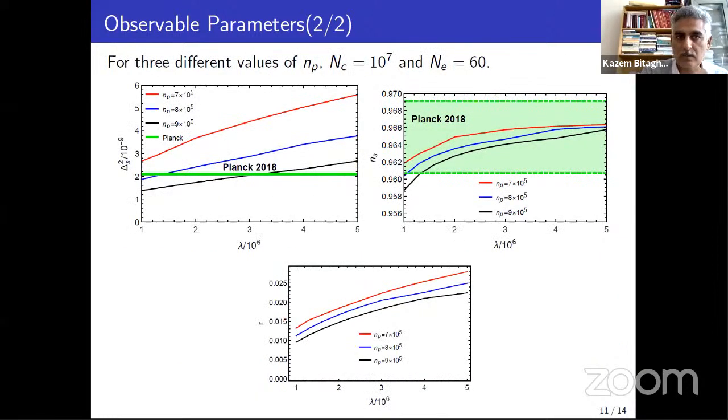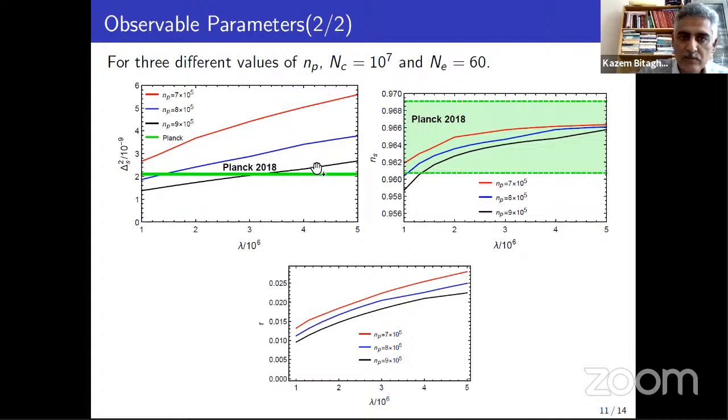Okay, now we go to the parameter space of the model, and for 3 different values of N_P, fixing the number of colors to be 10 to the power 7 and 60 e-folds, we check how the parameter space meets the Planck data. Here the green line shows the Planck results, and delta_S squared versus the 't Hooft coupling parameter in the theory is shown in these 3 plots.